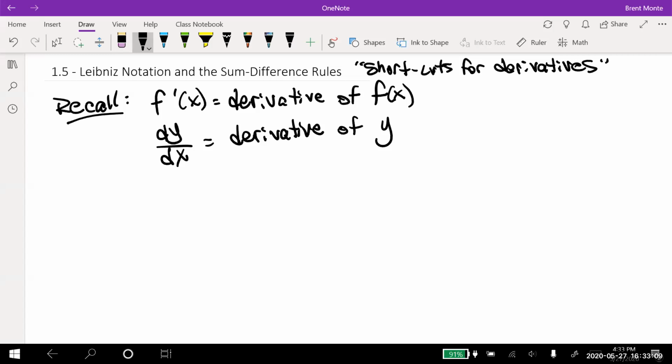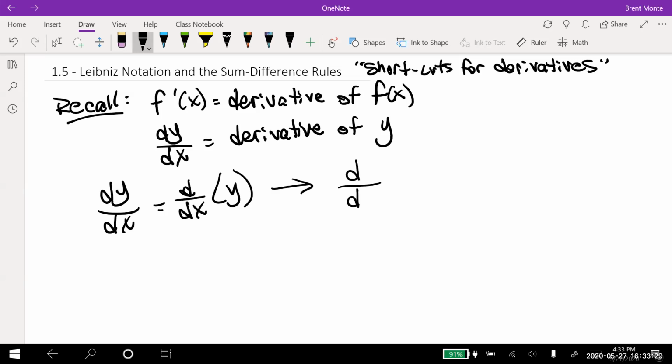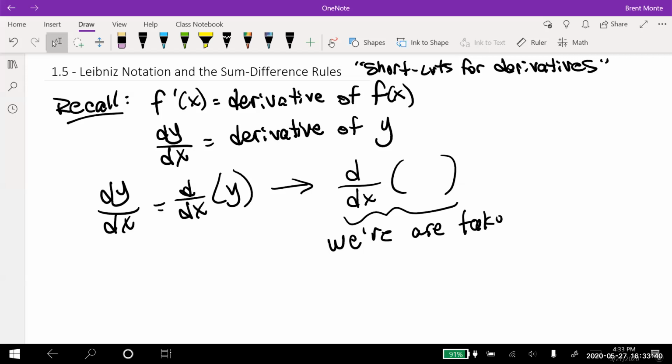Now, the other reason we need that is we can think of this dy dx. What it's really doing is taking the derivative with respect to x. That d dx says we are taking the derivative of y. So we're going to use this notation to say we're taking the derivative of whatever is inside that parentheses.